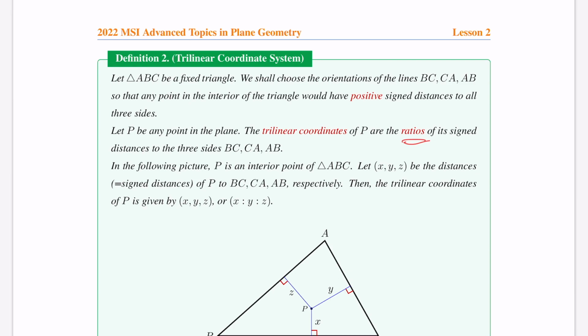Before we discuss those theoretical questions, whether or not any point has unique trilinear coordinates, we will skip them and go directly to the applications.